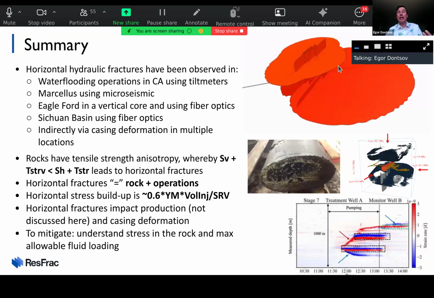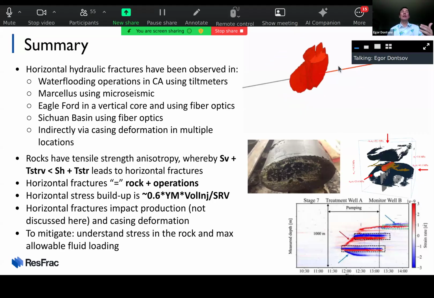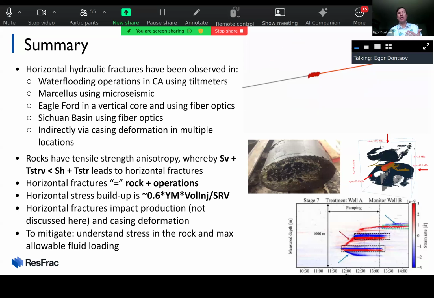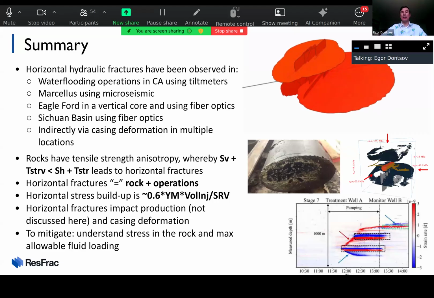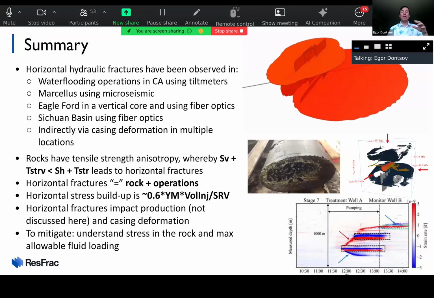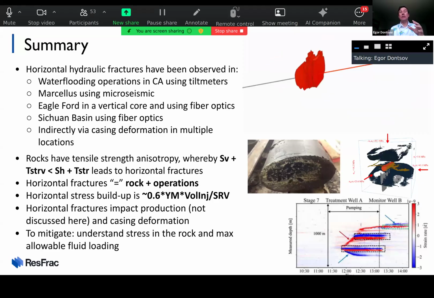Now, even if you initiate a horizontal fracture due to low tensile strength, if vertical stress is still quite a bit higher than horizontal stress, all your fluid from horizontal fractures would be compressed and flow into vertical fractures, and vice versa, right? So in order for fractures to propagate, this is stress contrast basically.